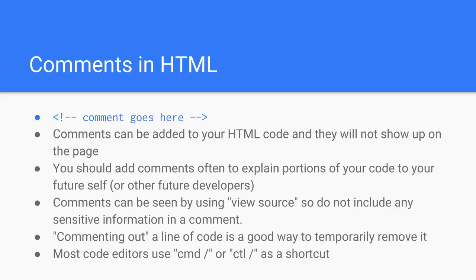We can also comment out a line of code if you want to temporarily remove it. I do this all the time as part of my development process. If I try something and it doesn't quite work, I'll comment that line out, put a comment around it, and try something else, but I've still got that there, it's only temporarily removed. If I change my mind and go back to it, I can always uncomment. Usually command / or control / as a shortcut will comment things out.